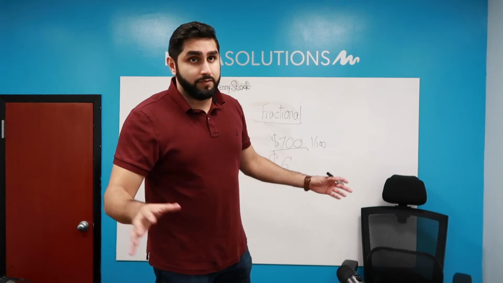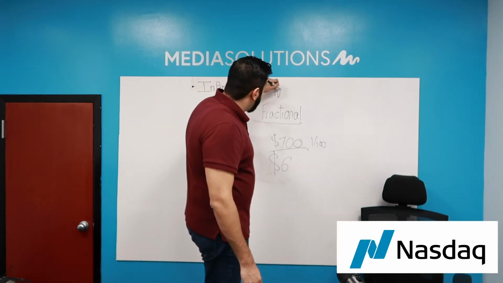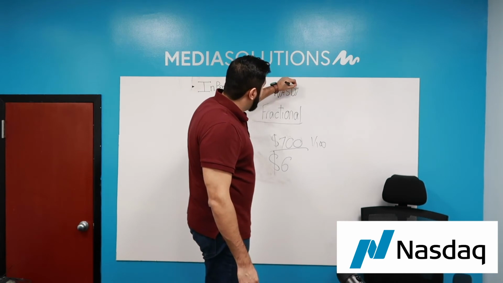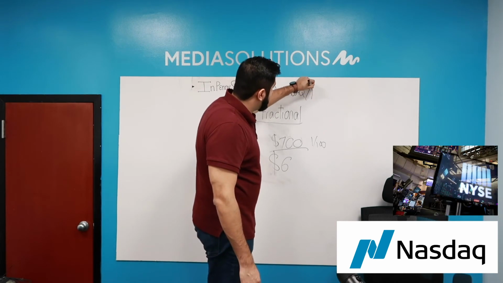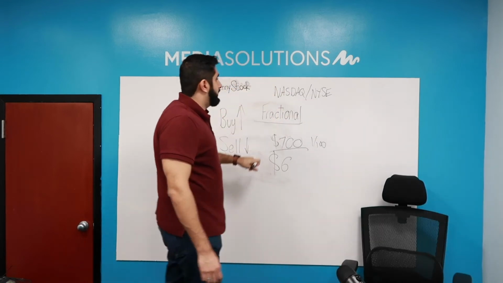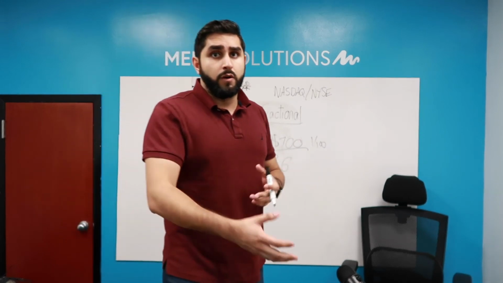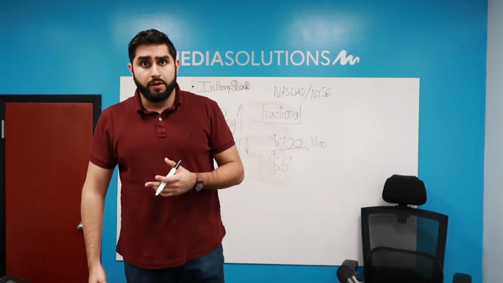The final thing I wanted to make sure we cover, going back to exchanges in this video, is the concept of the exchanges. So you have your key ones. You have NASDAQ, and you have the New York Stock Exchange. Those are two of the biggest stock exchanges in the United States, and where most of the stocks of Fortune 500 companies trade.